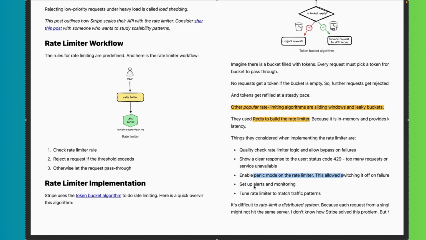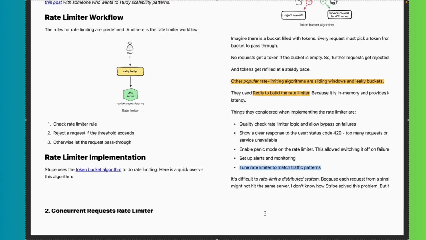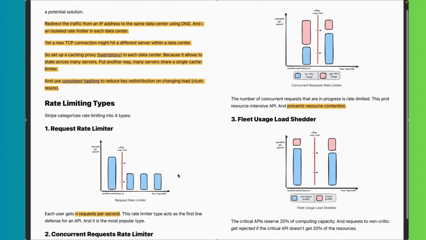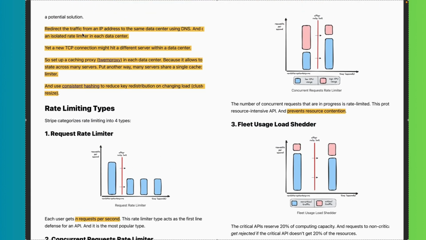There are also alerts and monitoring, and tuning based on traffic patterns, so the rate limiter can change its behavior a bit based on traffic patterns. So that's this page.